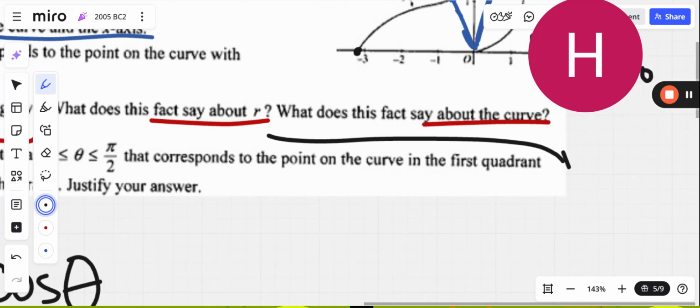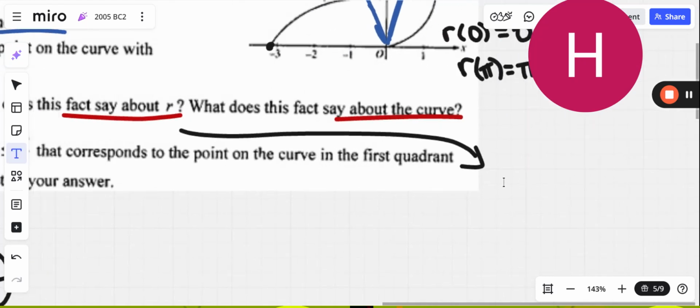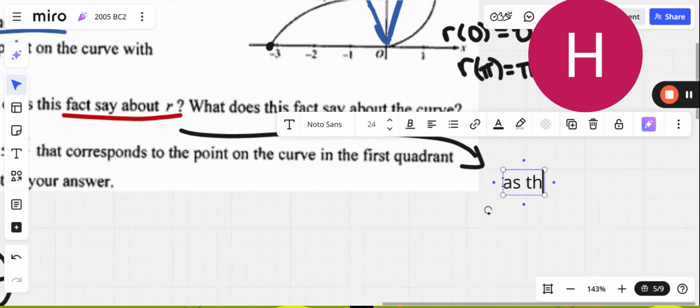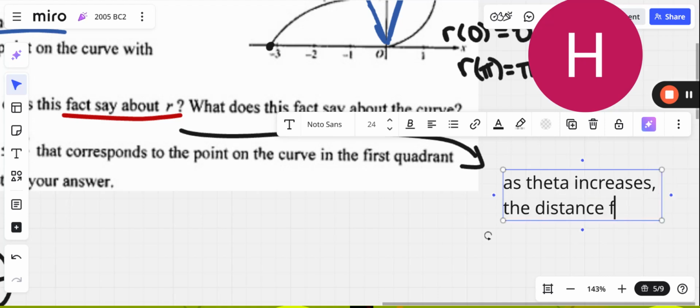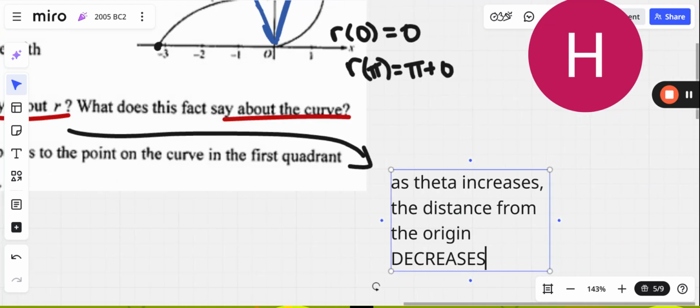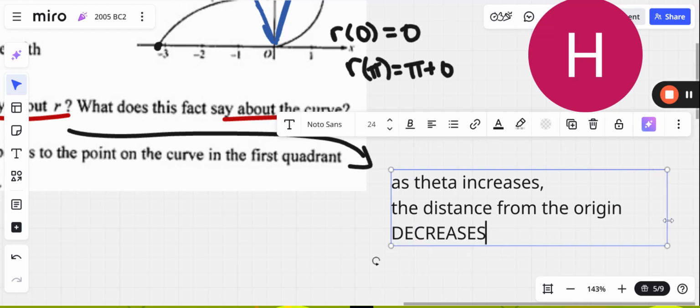What this says about r is that as theta increases, the distance from the origin decreases because dr d theta is negative.